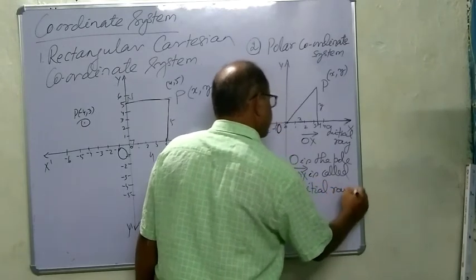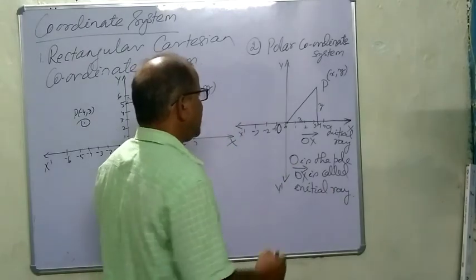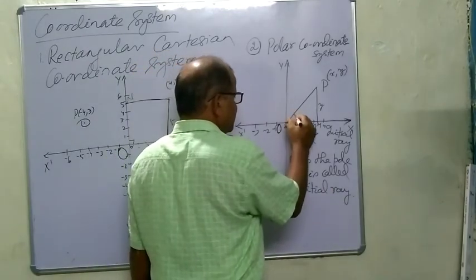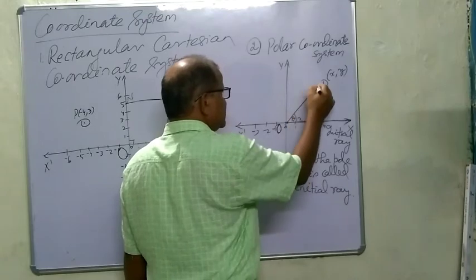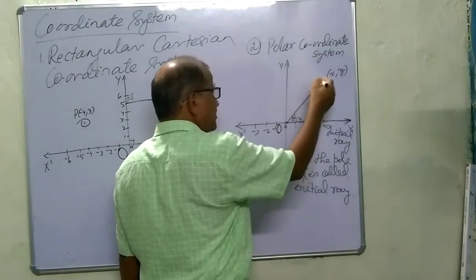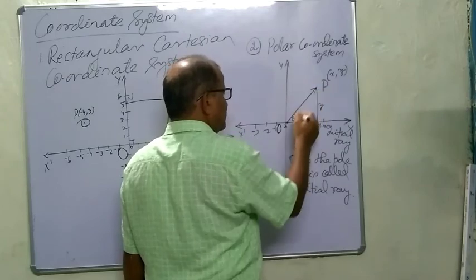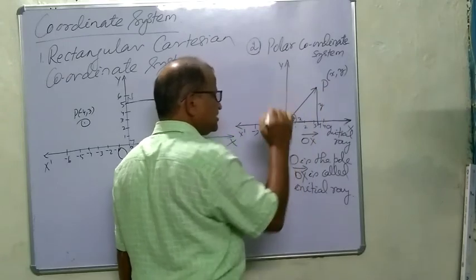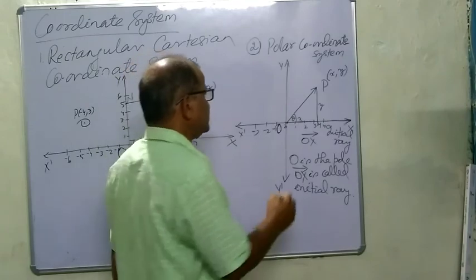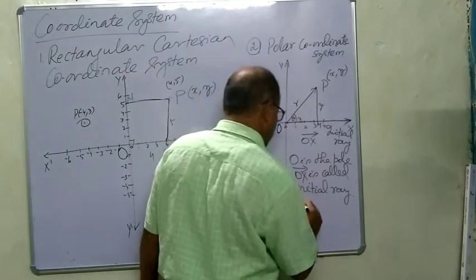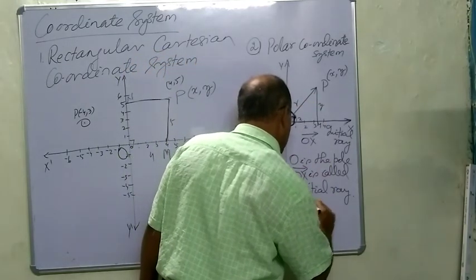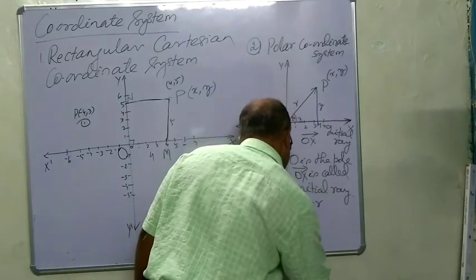Now, if this is the inclination of the line OP, the inclination of OP is, suppose, theta, and this distance OP is equal to r.